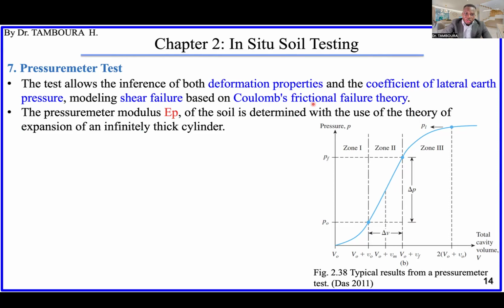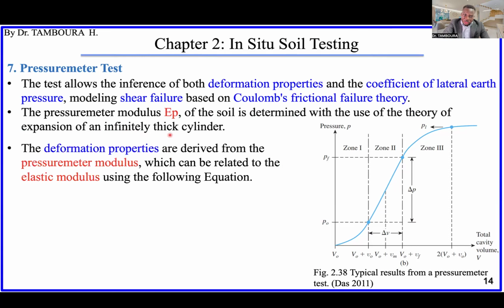The pressuremeter modulus, which is related to the elastic modulus of the soil, is determined with the use of the theory of expansion of an infinite thick cylinder. So deformation properties are derived from the pressuremeter modulus, which can be related to the elastic modulus.